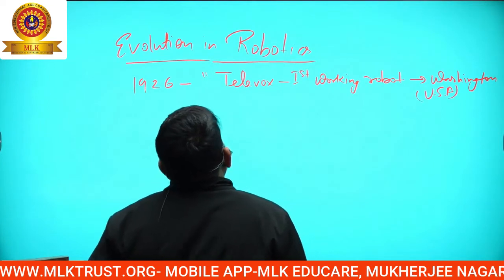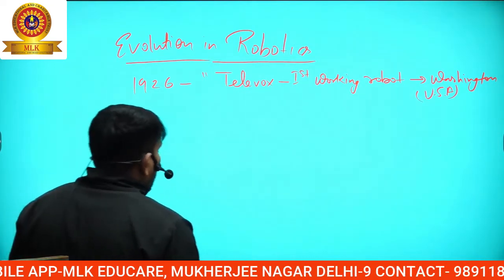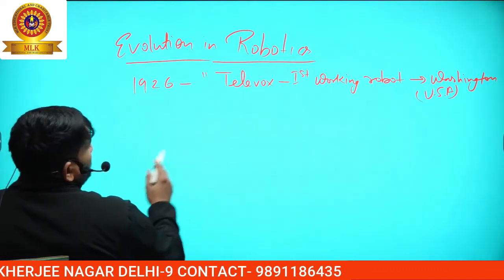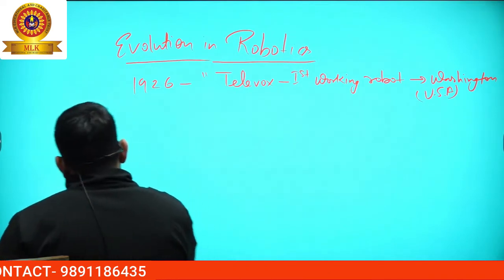Okay, in the year of 1926 the Televox was the first working robot.